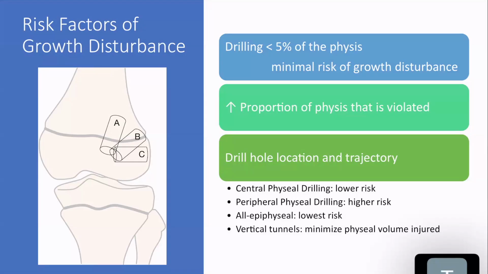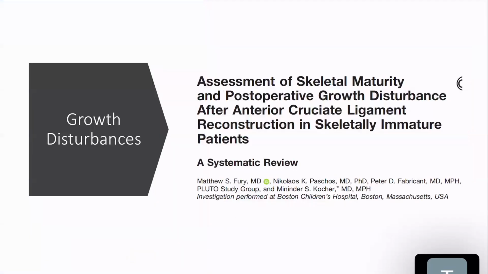You're not drilling through the physis, so it's protective of the physis. But it does require precise tunnel placement to reduce the risk for physeal damage. It requires radiation because you need an X-ray to confirm that you're in the right spot. It can be technically challenging, and you can still cause harm to the growth plate if you're too close to it, from the heat from the drill.